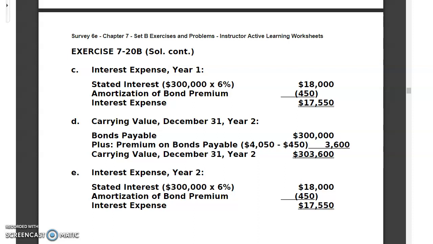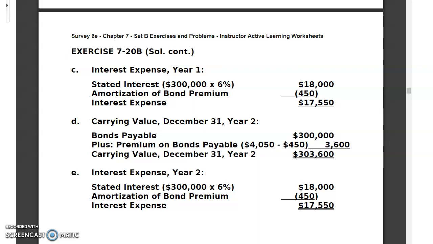The company's paying $18,000, but we got extra money up front when we sold these bonds. So the amortization of the premium reduces the amount of interest expense. So the interest expense and the interest that is paid are not the same.